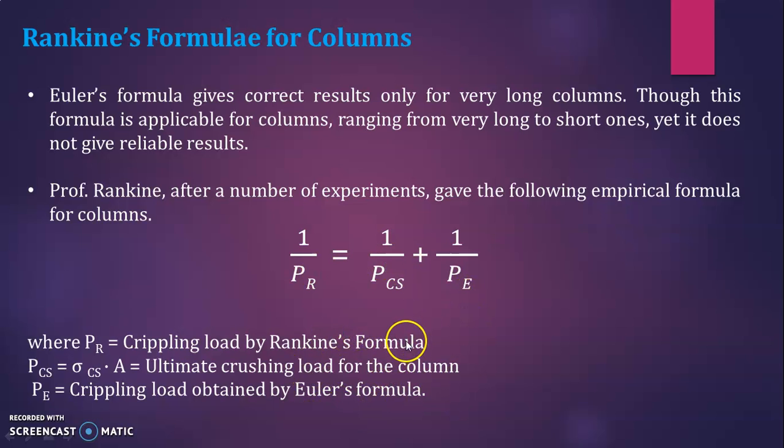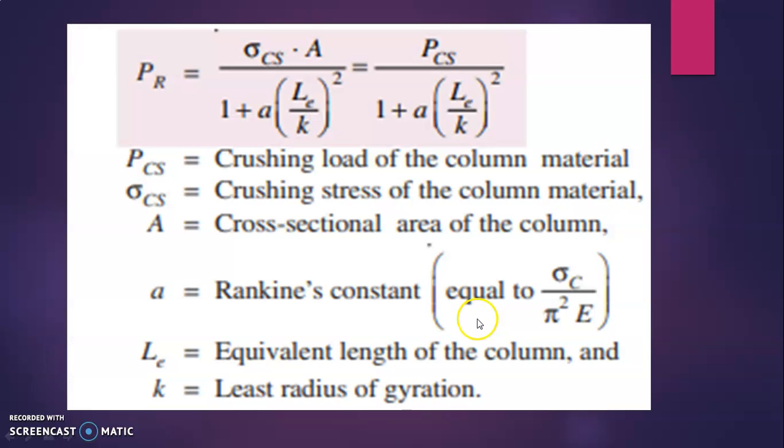Okay, so this is Rankine's formula. He derived the equation, and finally he got Rankine's equation to find the load: sigma C into A divided by 1 plus alpha into LE divided by K whole square.